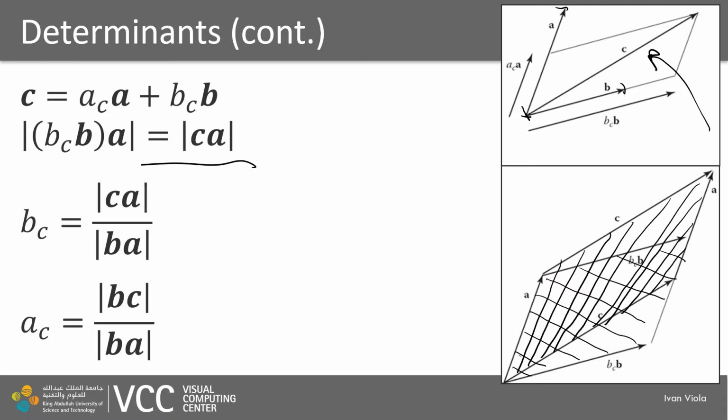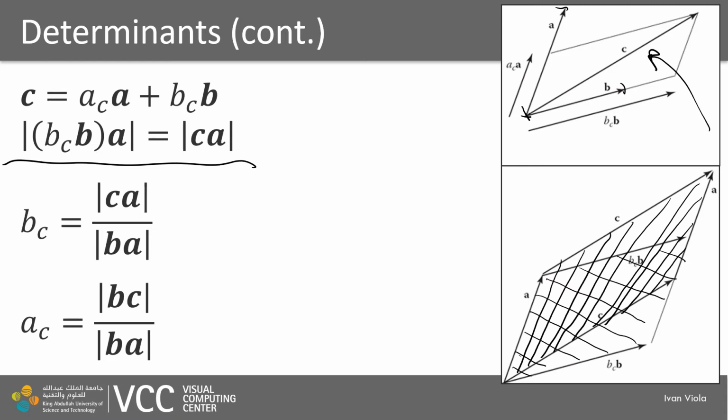This holds because we already discussed that no matter how much we change this angle, as long as we keep the opposite sides parallel to each other and the height is the same, we will have the same area.